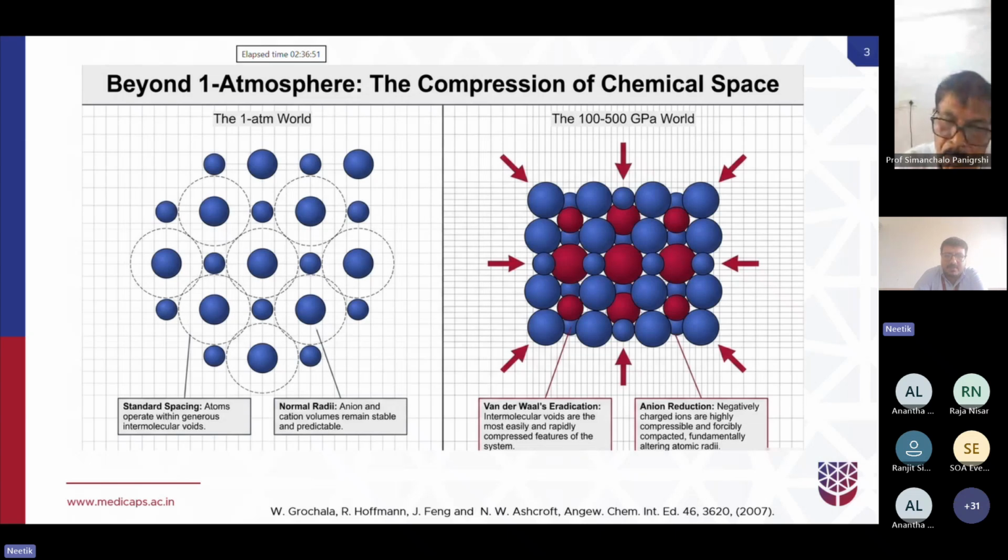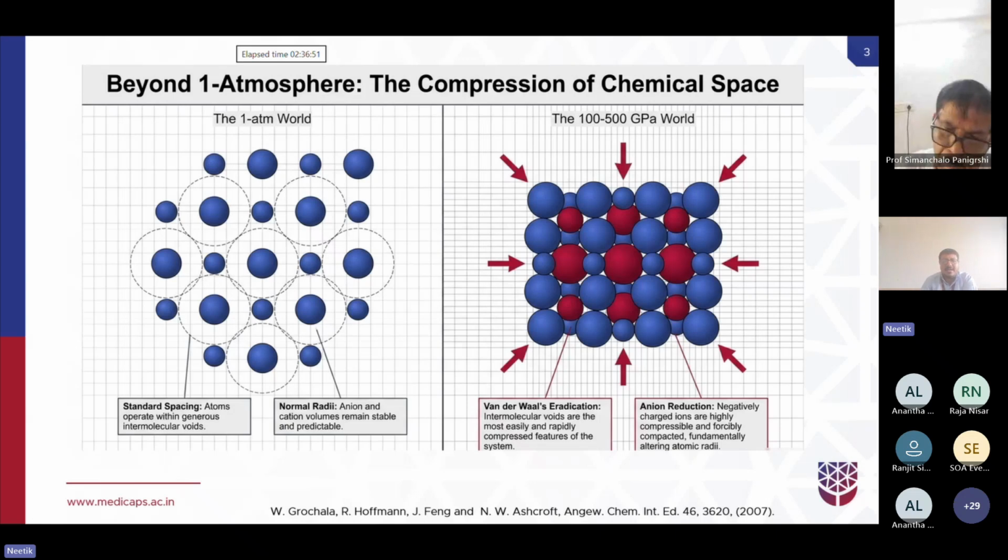atoms in a system are away from each other and they have a certain van der Waals space allotted to them. But if we increase the pressure initially, then the van der Waals space gets reduced. If we see the first and second pictures, it's very clear that in free condition, the void space is very high.